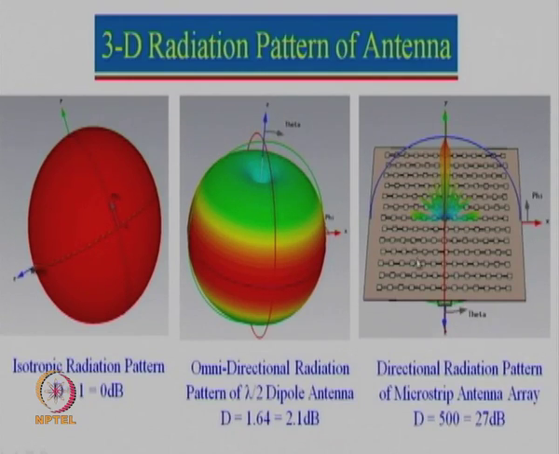For this particular antenna we got a directivity of 500, and if you take 10 log 500, it is about 27 dB. What you can see here is the maximum radiation is in this direction, and these are all the side lobes associated with this particular antenna array.